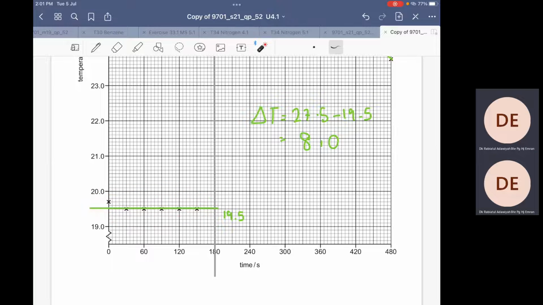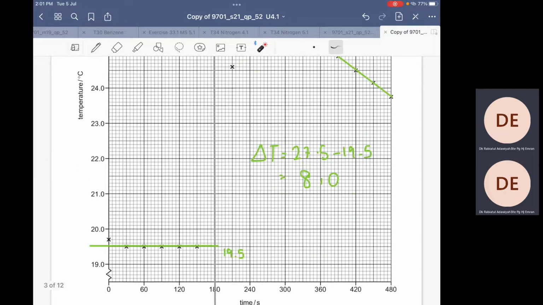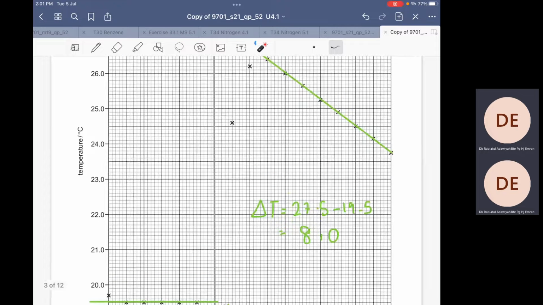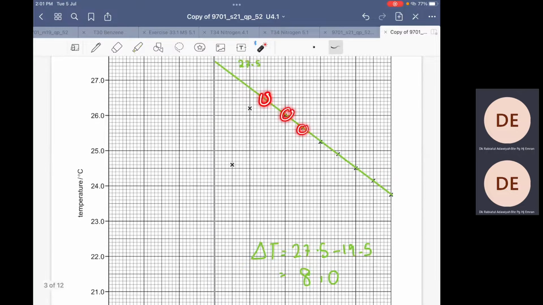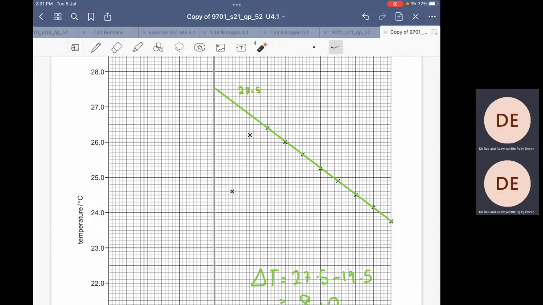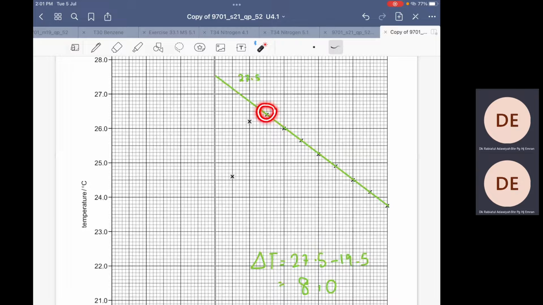Okay, magnesium sulfate hasn't been added to the water. And then it looks like after 180 seconds, we start to see an increase in temperature, and then the temperature started to decrease again. So the cooling curve is a line of best fit from the highest temperature, and then when it starts to decrease.